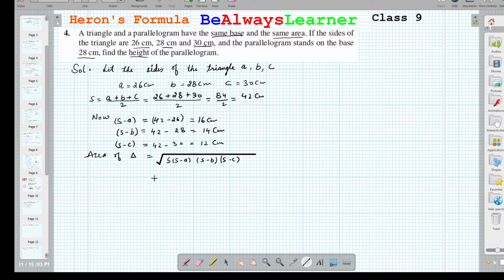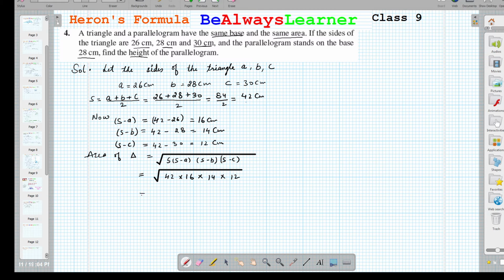So we can put all the values. Value of S is 42, S minus A is 16, S minus B is 14 and S minus C is 12. So that's how we can write it.